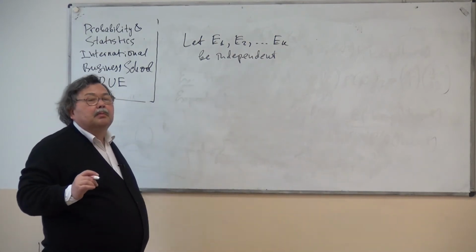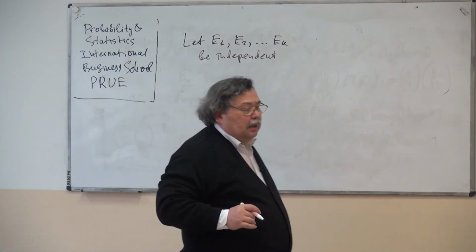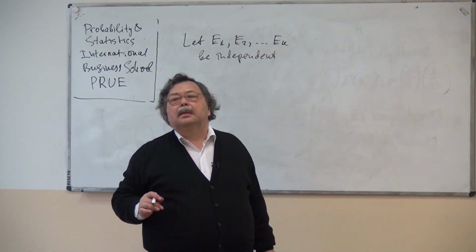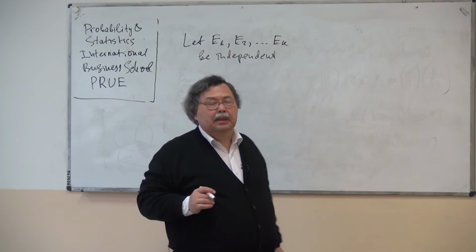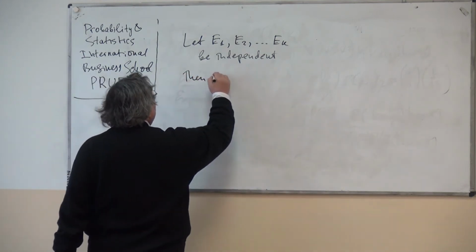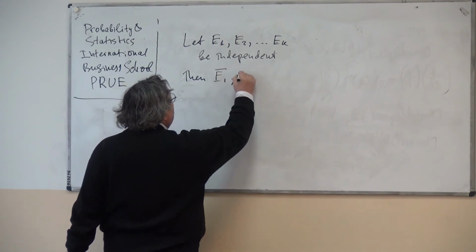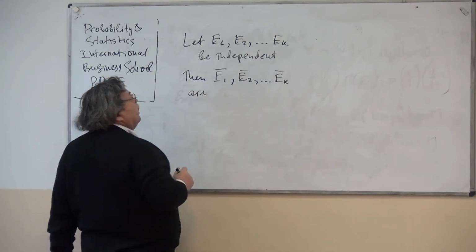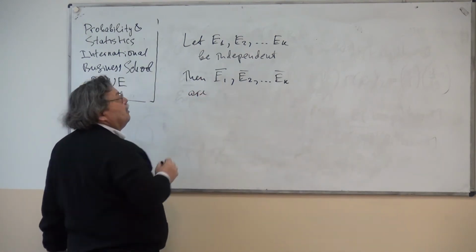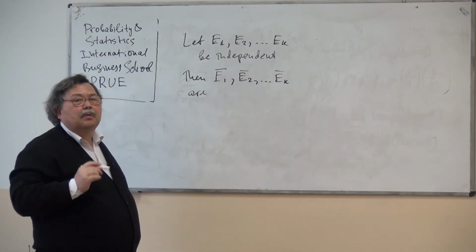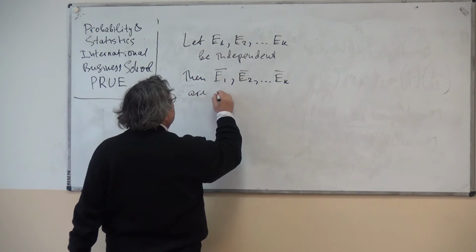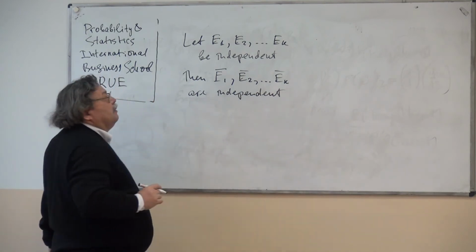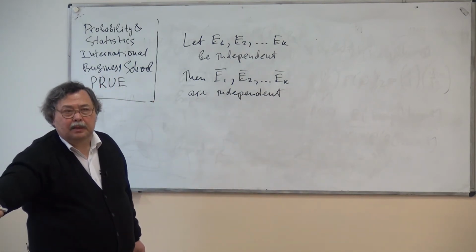Then it can be proved, but I'm not going to discuss a proof here, just trust me, that the complementary events are also independent. We agreed last time to use this notation for complementary events: the horizontal bar put over the letter means complementary event. And the complementary events are also independent in that case.